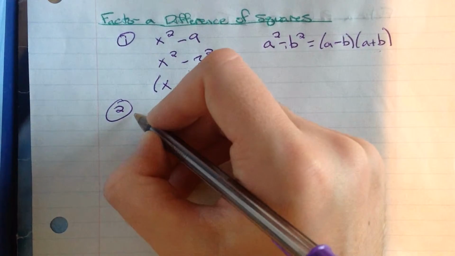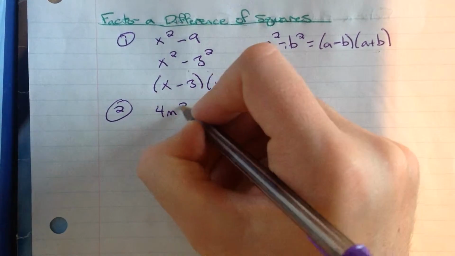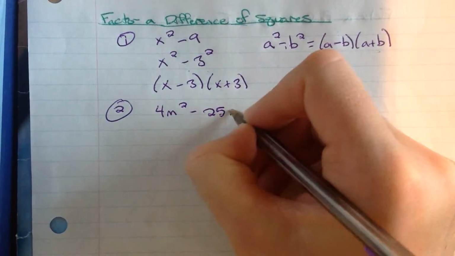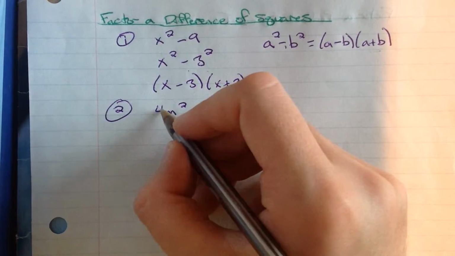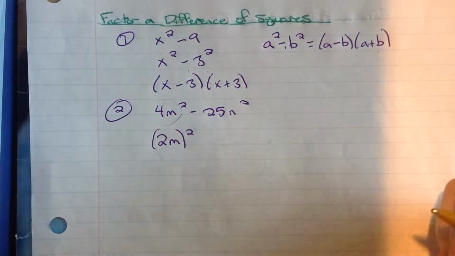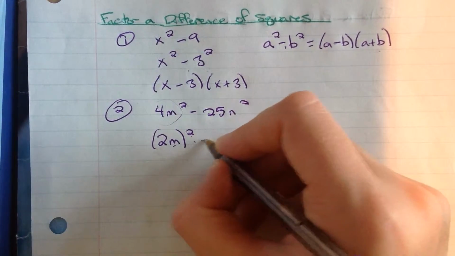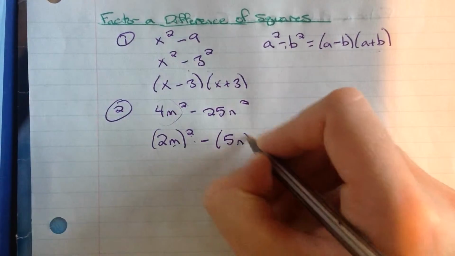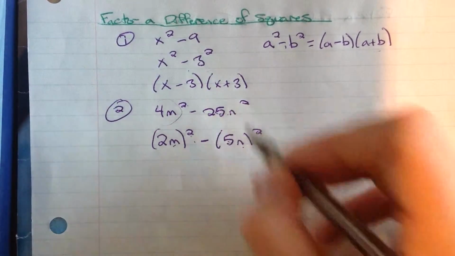So for example, say I'm given 4m squared minus 25n squared. Well, I need to rewrite this first to make it look like this. So this could be the same thing as 2m squared, because 2 squared is 4 and m squared is m squared, minus 5n squared. 5 squared is 25, n squared is n squared.